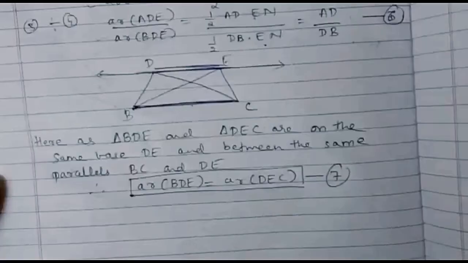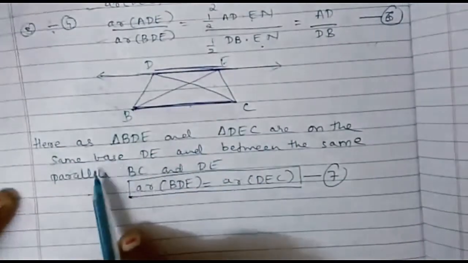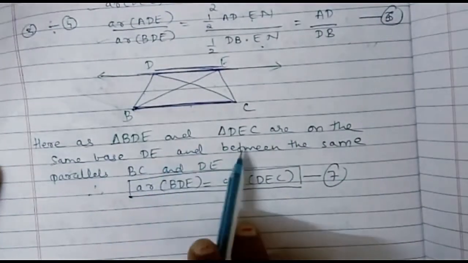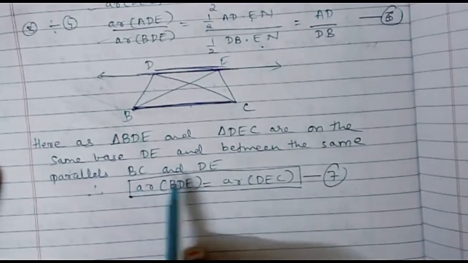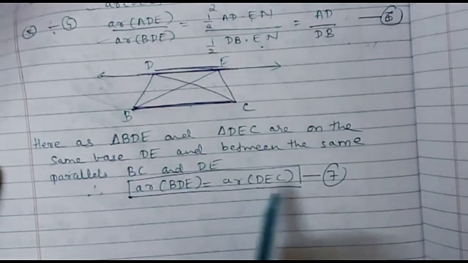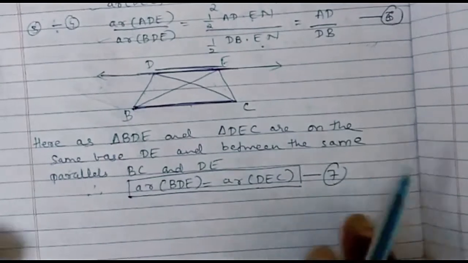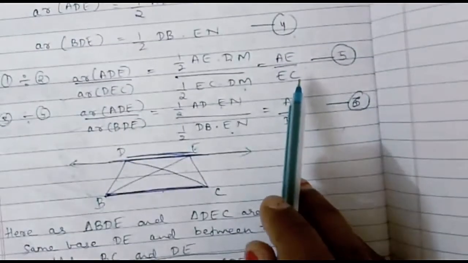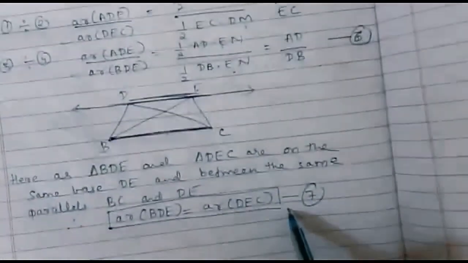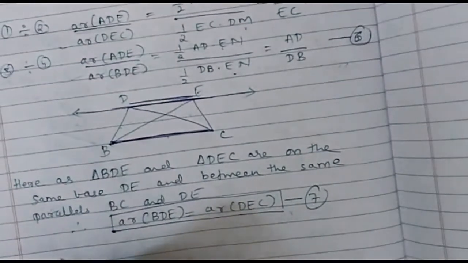So let us write. So as these two triangles are on the same base DE and they are between the same parallels BC and DE, so their areas are equal. This is result number 7. So from result number 5, 6 and 7, we can compare 5th and 6th.